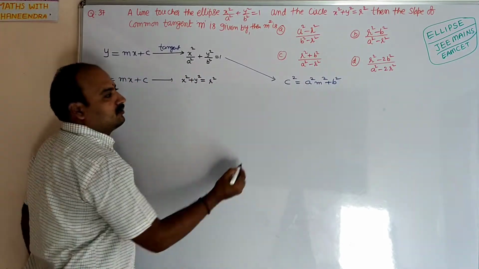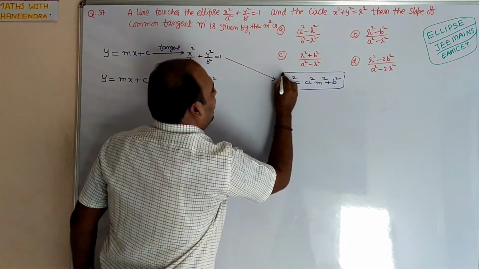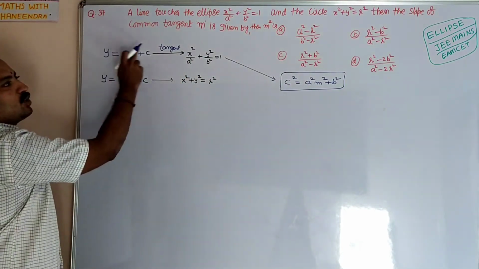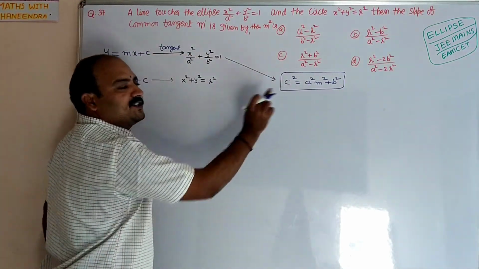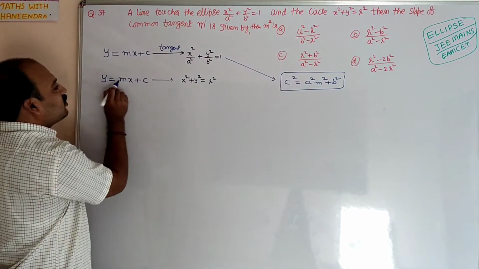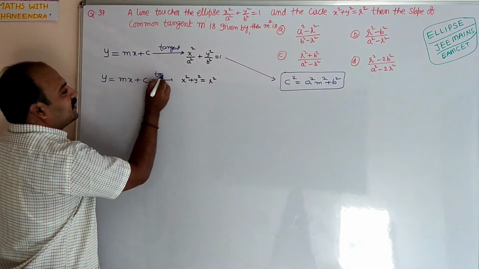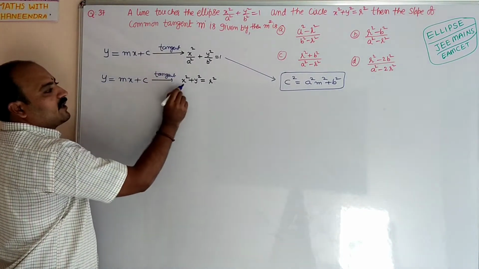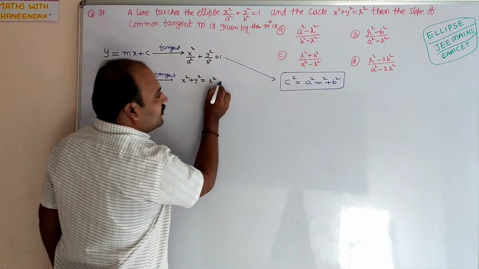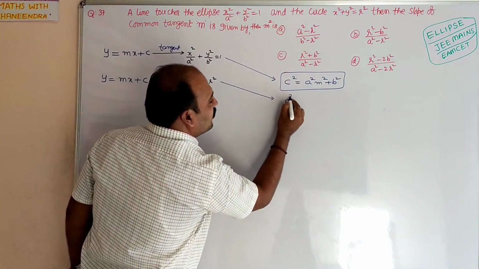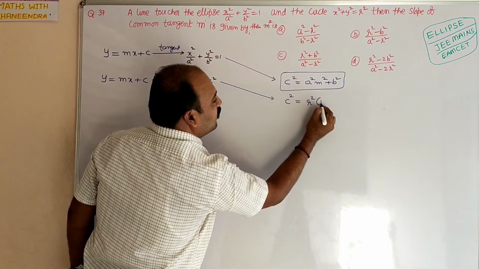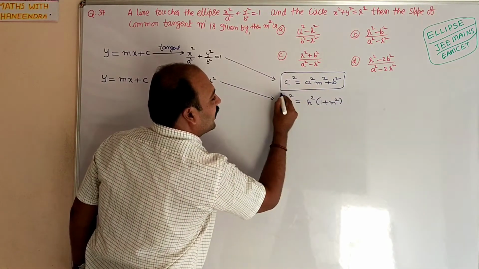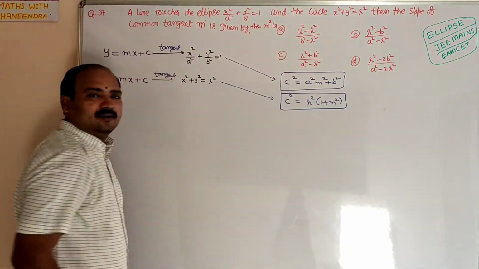That we know. Similarly, y equal to mx plus c is to be tangent to the circle x square plus y square equal to r square, then we have c square equal to r square into 1 plus m square. This is also a condition in circles we discussed.